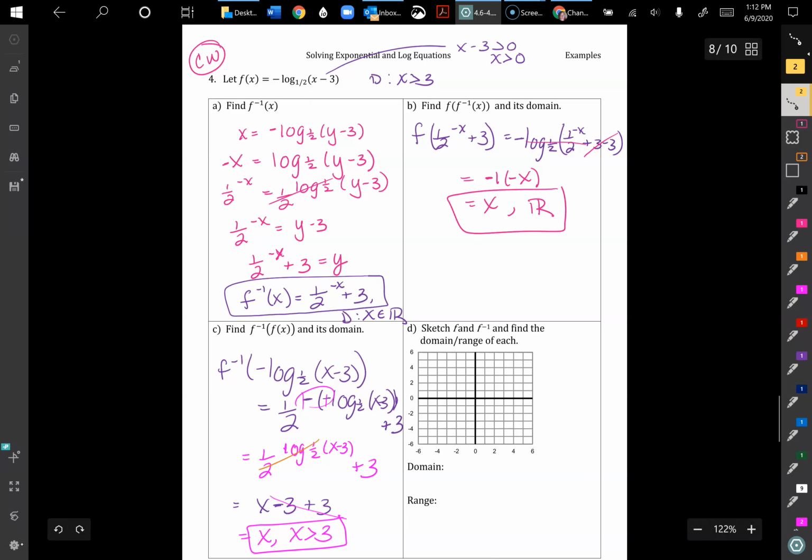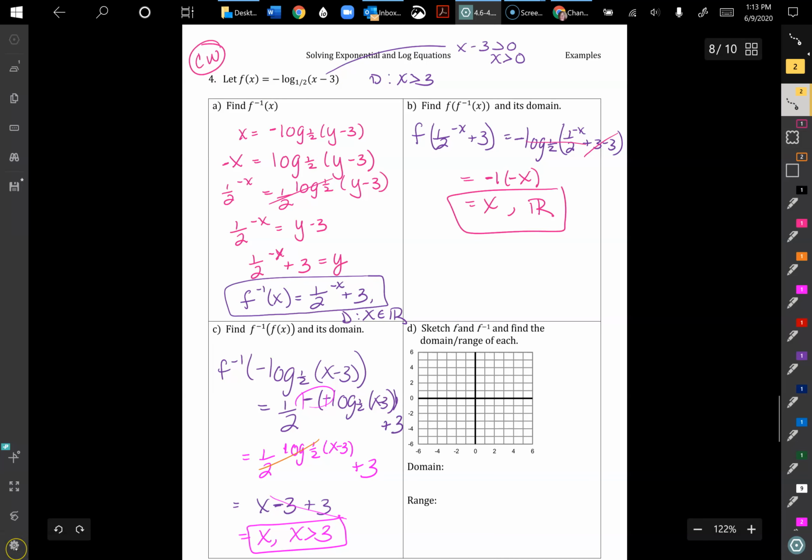Then I have half to the log base half, so those undo each other, and I am left with x minus 3 plus 3, because my exponent just kind of comes down there. And then left with x, and my domain is x greater than 3, because it has to go by what the inner function is, which is my original, which in this case is a log.